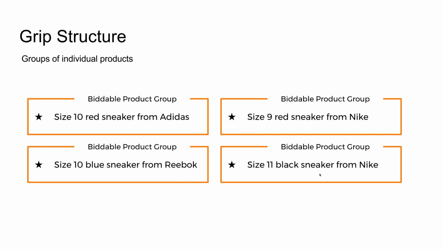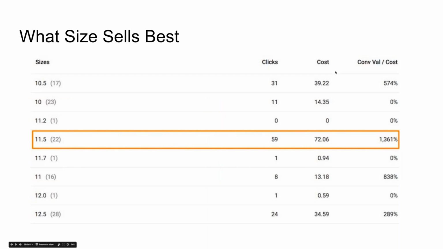And why is this important? Well, I might want to do some interesting things like manage the bids. Maybe I'm asking myself the question, what size shoe sells best? Through Optmyzr, you can ask that question using the shopping attribute bidder.